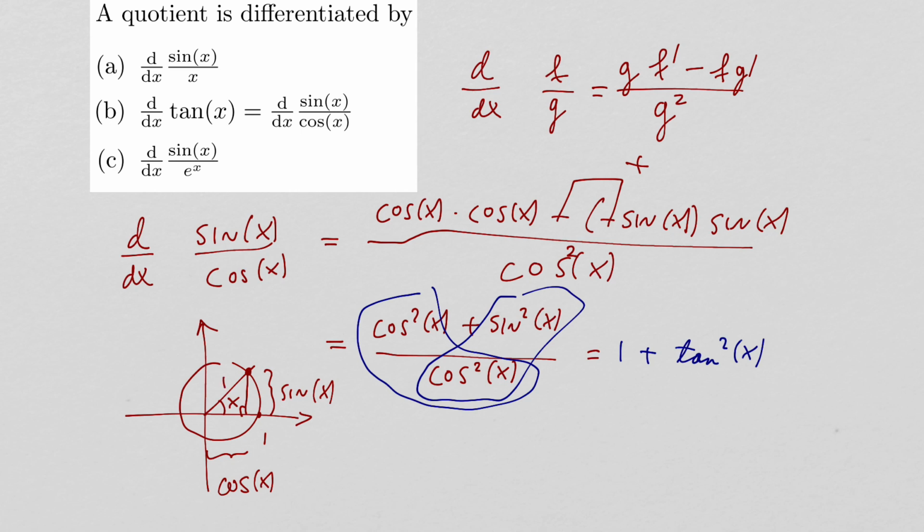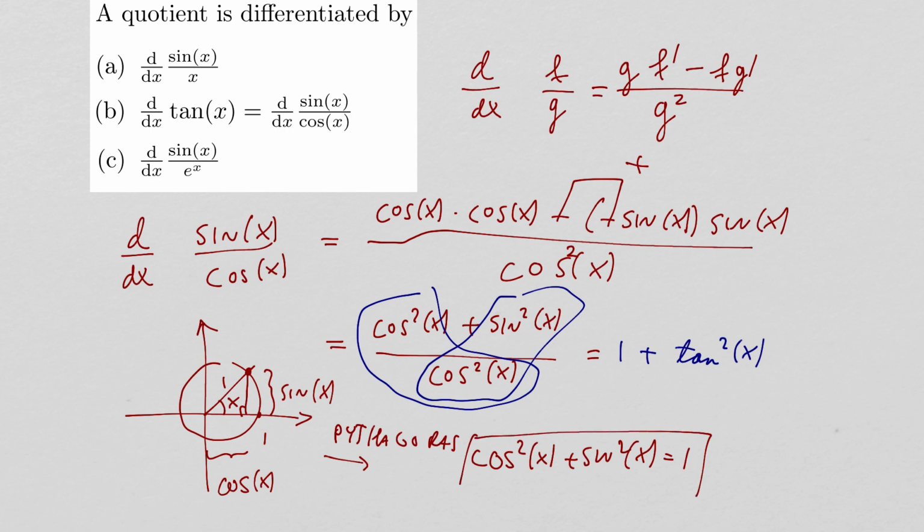And the radius is 1, so by the Pythagorean theorem we have this identity. So in our quotient, the numerator is 1, so we would get 1 over cosine squared x.